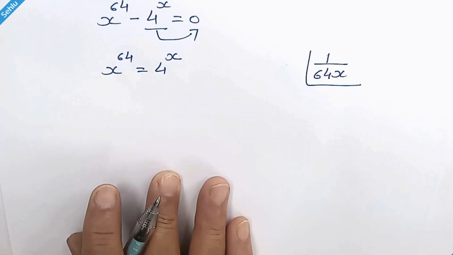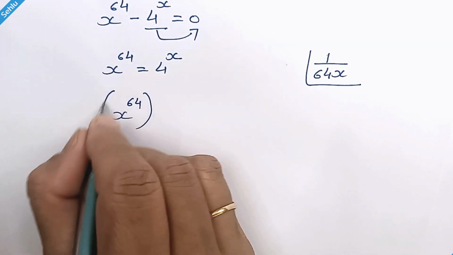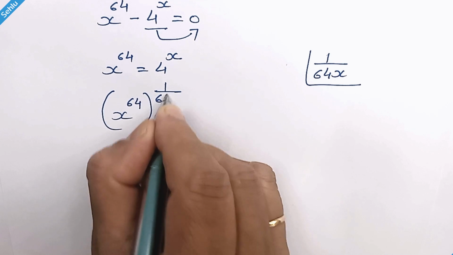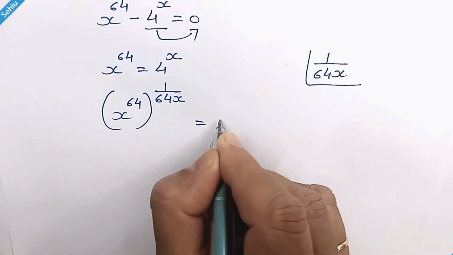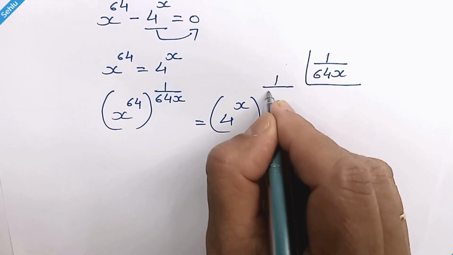So it will be x to the power 64, whole to the power 1 over 64x, is equal to 4 to the power x, whole to the power 1 over 64x.